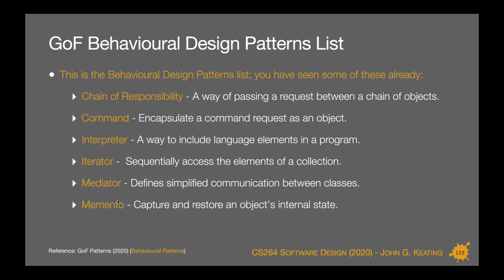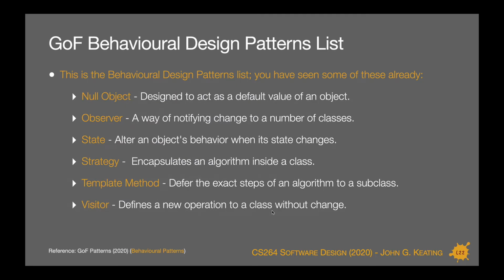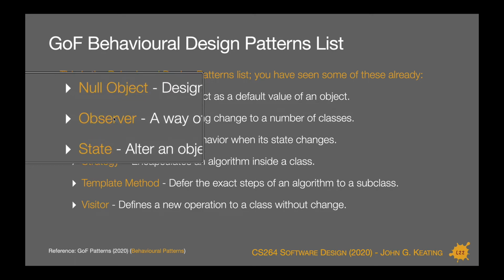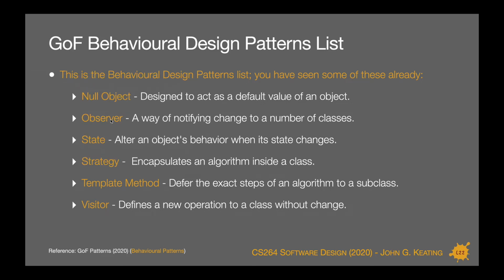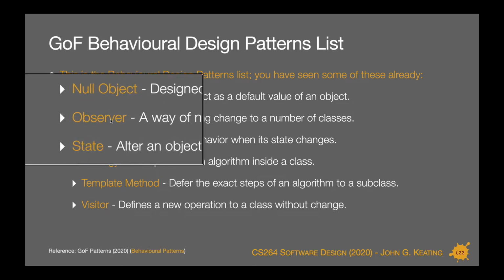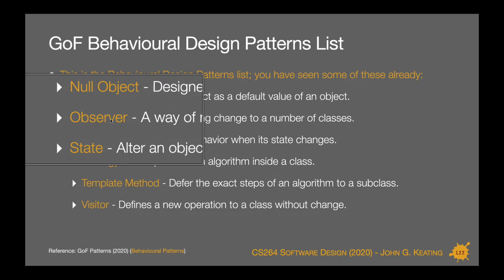Memento, you've seen before, it captures and restores an object's internal state. Null object is designed to act as the default value of an object. Observer pattern is a way of notifying change to a number of classes. We've seen and used these in event handling in C#. If you look up observer, you'll see how it works.